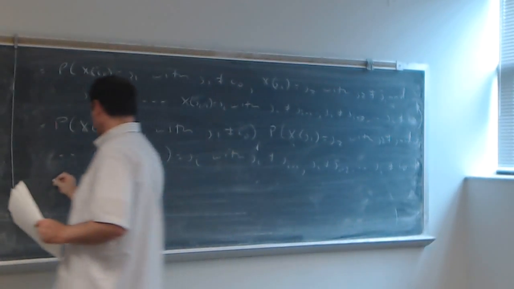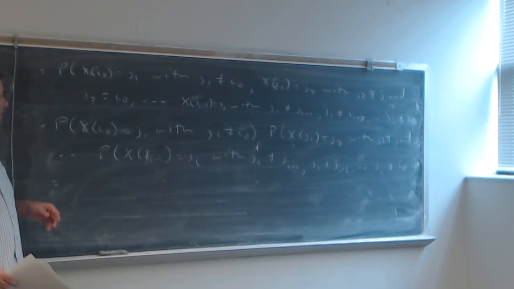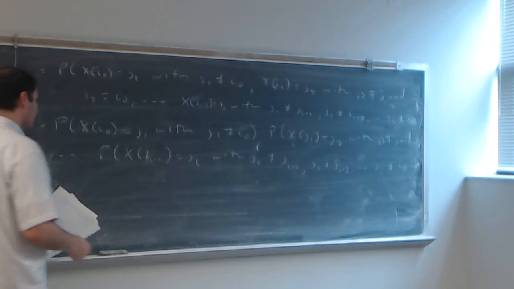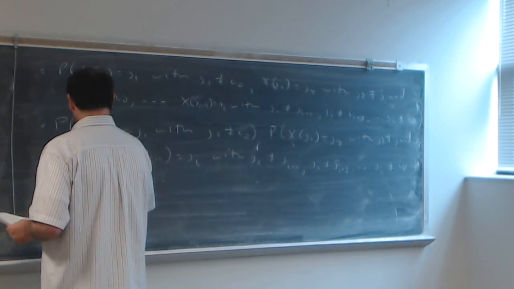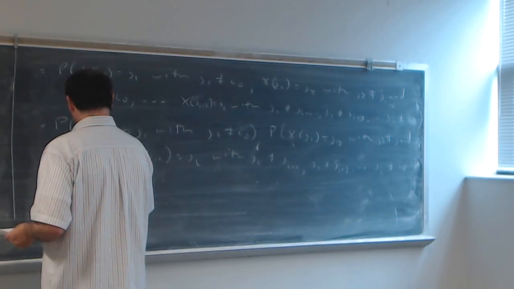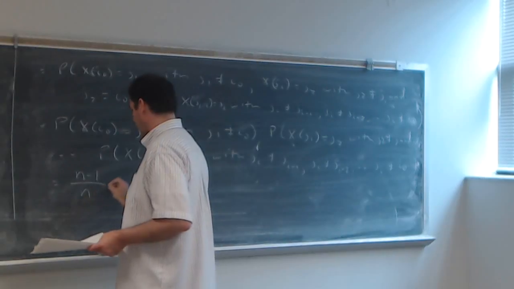Okay, so what's the chance that the first guy isn't sent to itself? Well, that's nothing more than there are n minus 1 of the nodes that aren't itself, over n.